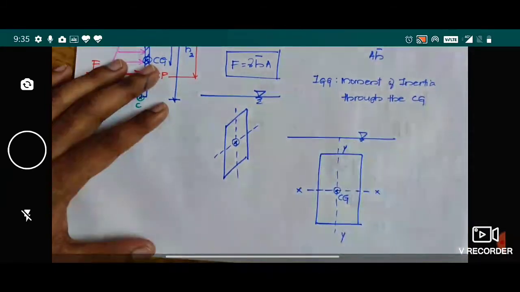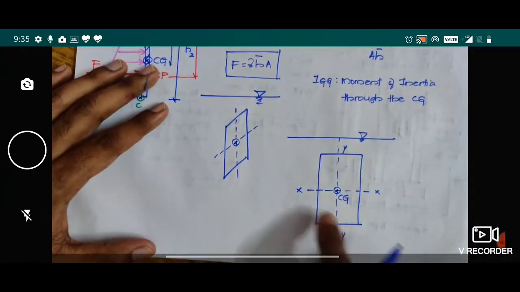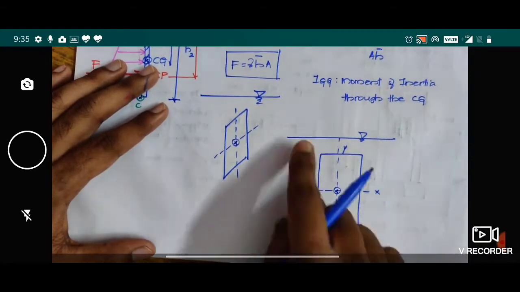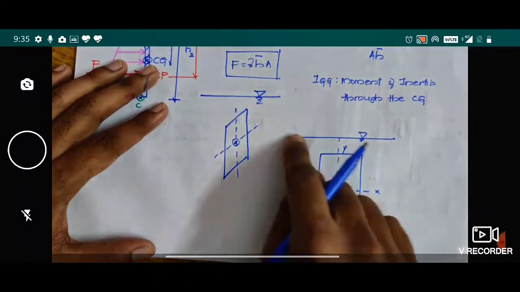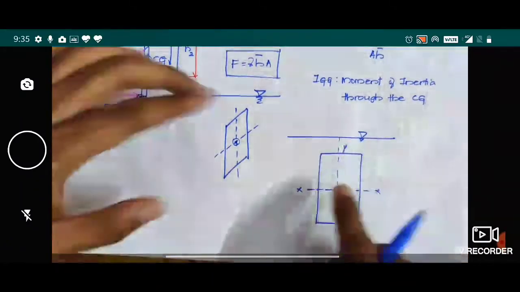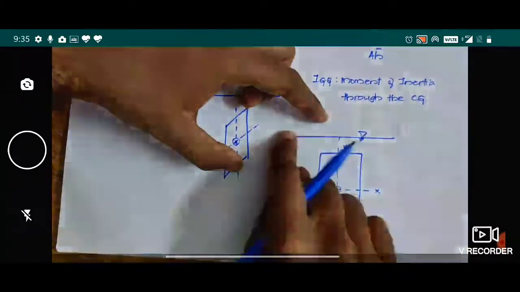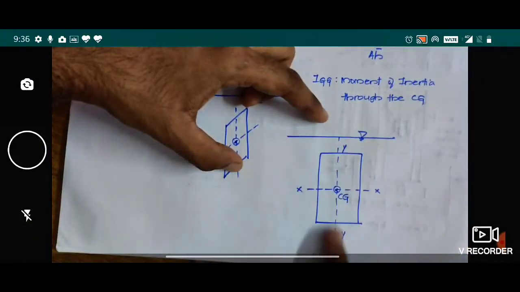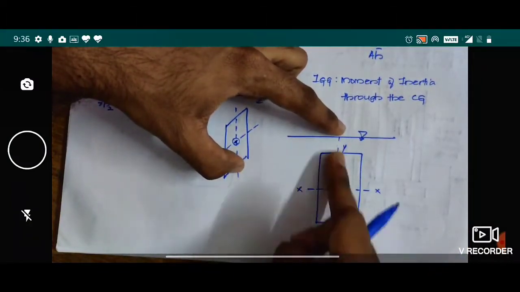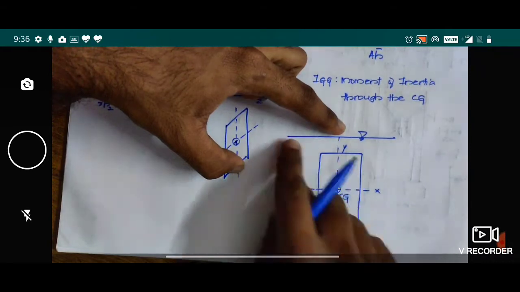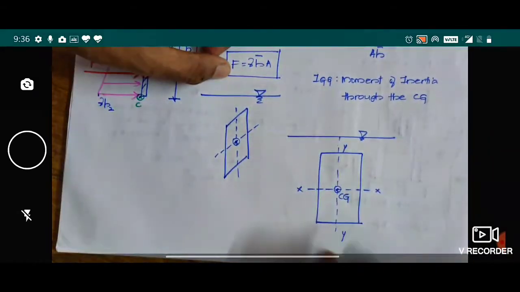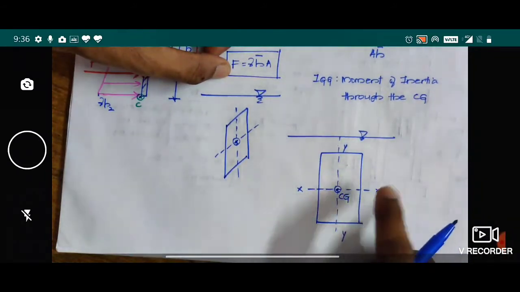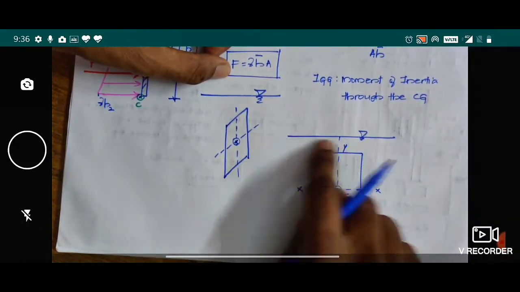So you have the axis YY going through the center of gravity and XX going through the center of gravity. This is your free liquid surface. Which among these two axes is parallel to the liquid surface? Your liquid surface is like this, and this YY is perpendicular to the liquid surface, and your XX is parallel to the liquid surface. So XX is the axis which is parallel to the free water surface.